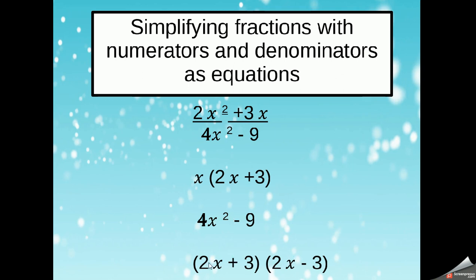Insides will be plus 6x, outsides will be minus 6x, so they cancel each other off. Then 3 times minus 3 is minus 9. So that's our denominator factorized.